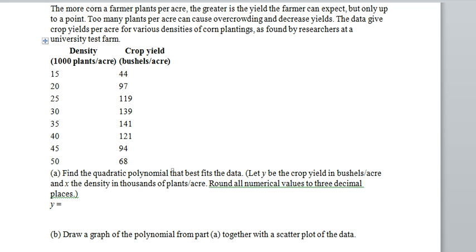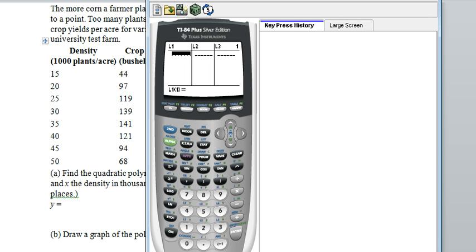So here we are given the density in 1,000 plants per acre and the crop yield in bushels per acre. And so we're going to enter this into the graphing calculator, pressing Stat 1 for edit. We end up with this screen.